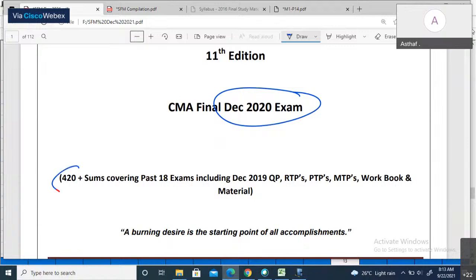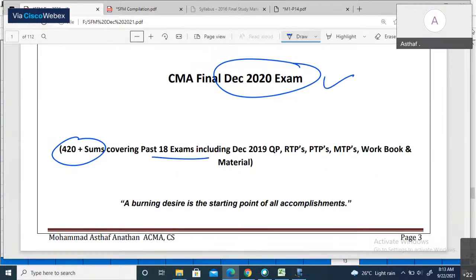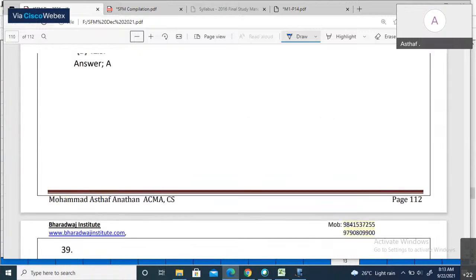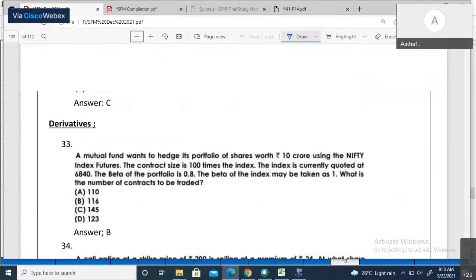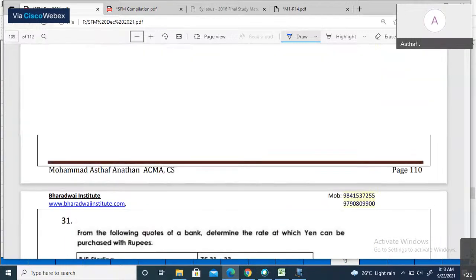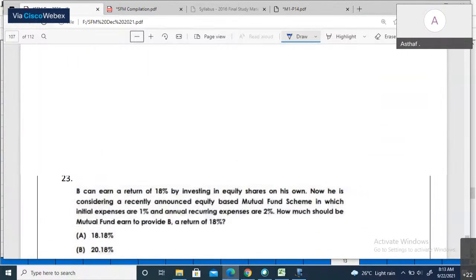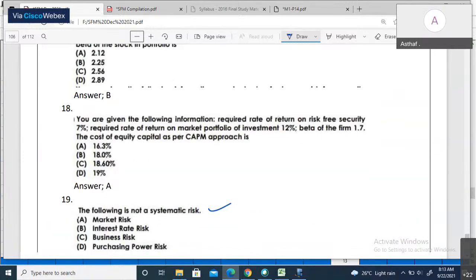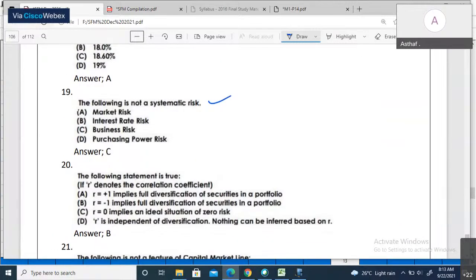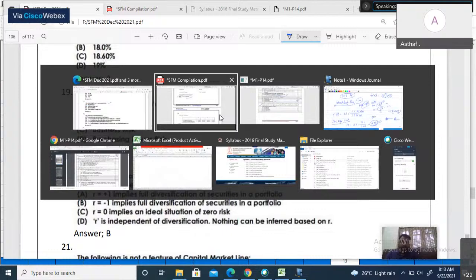But it covers 420 sums including past 18 exams. Beyond this nothing will come, because we are researching all the extent. Yes, this one, which of the following is not systematic, we have found here.